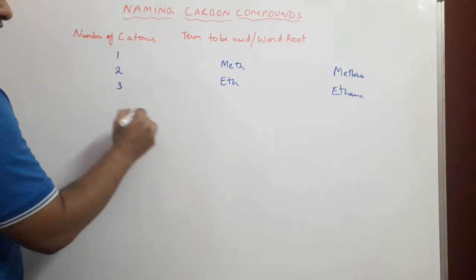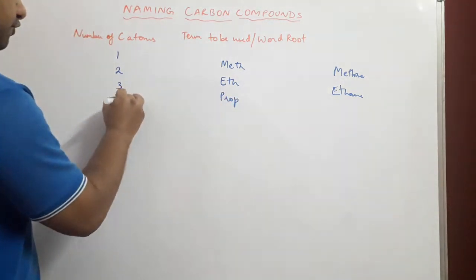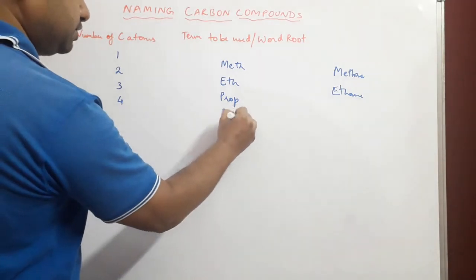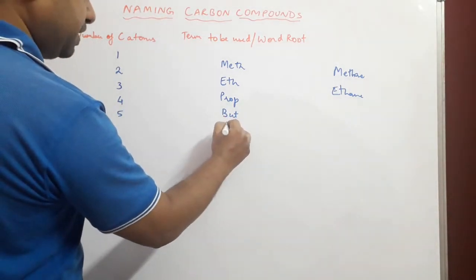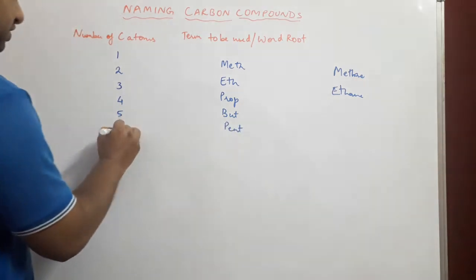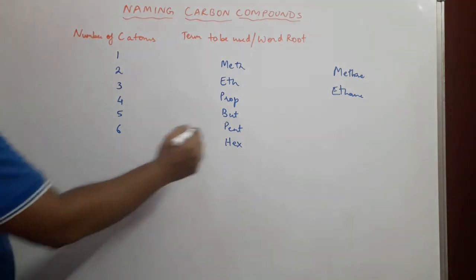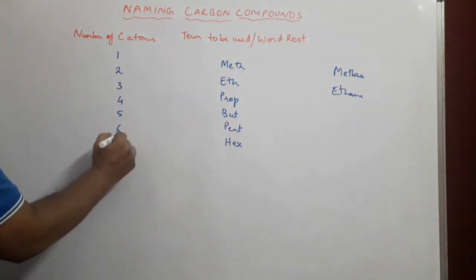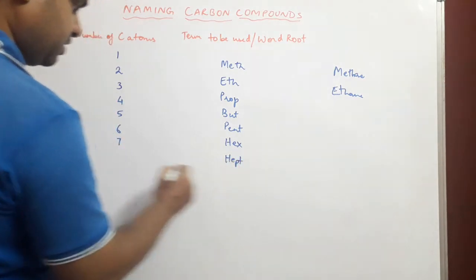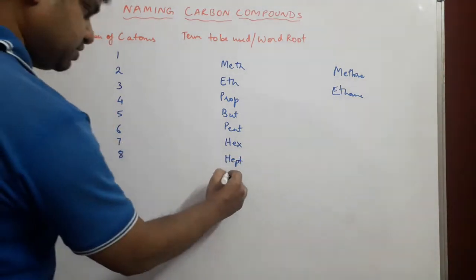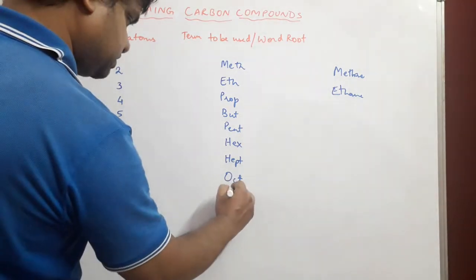When the number of carbon atoms is 3, it becomes prop. For 4, it is but. For 5, it is pent. For 6, it is hex, as in hexagon, pentagon. For 7, it is hept. 8, it is oct. 9, it is non.